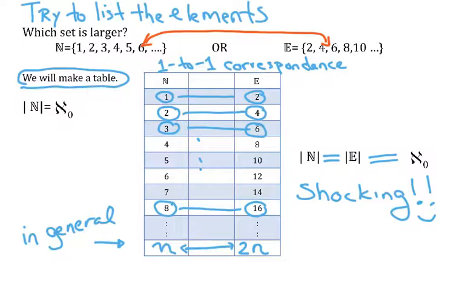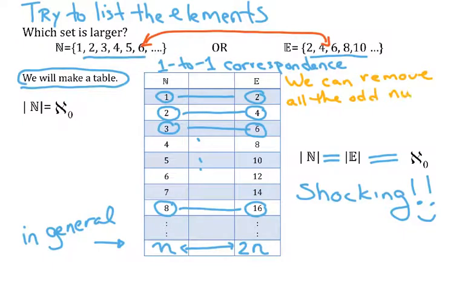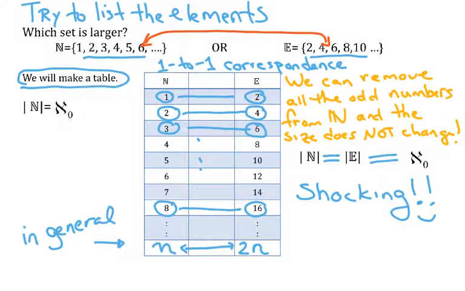So it's almost as if you can remove half of the natural numbers and you still do not affect the size. So we can remove all of the odd numbers from the natural numbers, but it still doesn't have any effect on its cardinality. It still has cardinality aleph null.